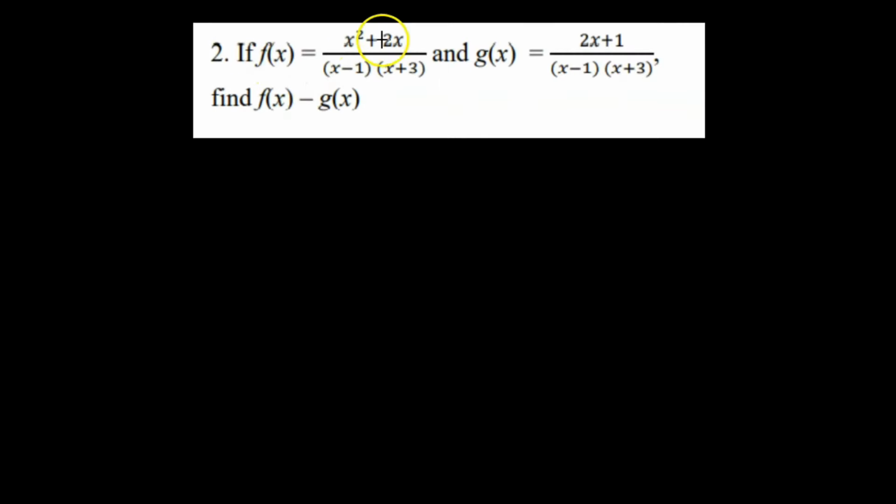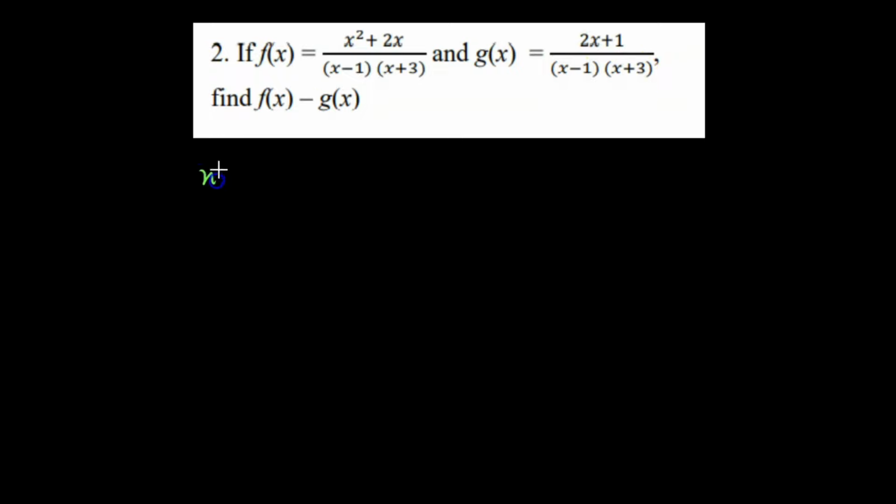Let's take another example. This time around, we have f of x as x squared plus 2x all over x minus 1 multiplying x plus 3 as a denominator. And we have a similar one, g of x, 2x plus 1 all on x minus 1 times x plus 3. This time we are subtracting.